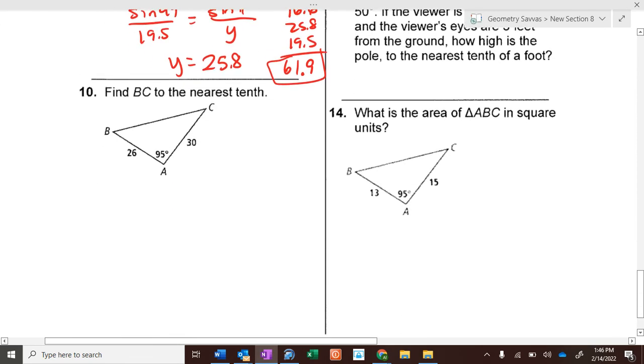Okay. All right. Now, if you have side angle side, there's no opposites, right? So if there's no opposites, then we have to use the law of cosines.